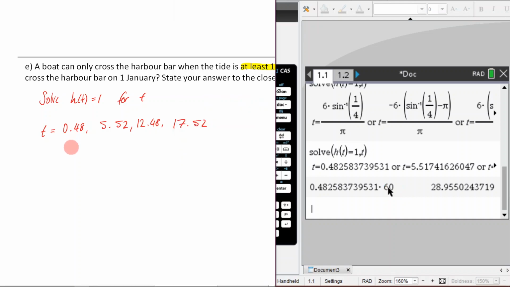Because we know we're starting at 2 a.m., this time here will be 2:29 a.m. And you're just going to continue that process. So this will be 7:31 a.m., this will be 2:29 p.m. and this will be 7:31 p.m. So you're just making sure that you're converting these into actual times now.